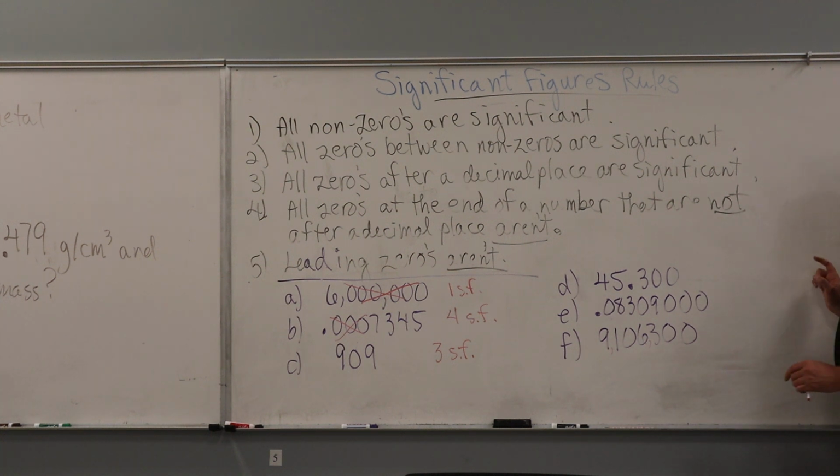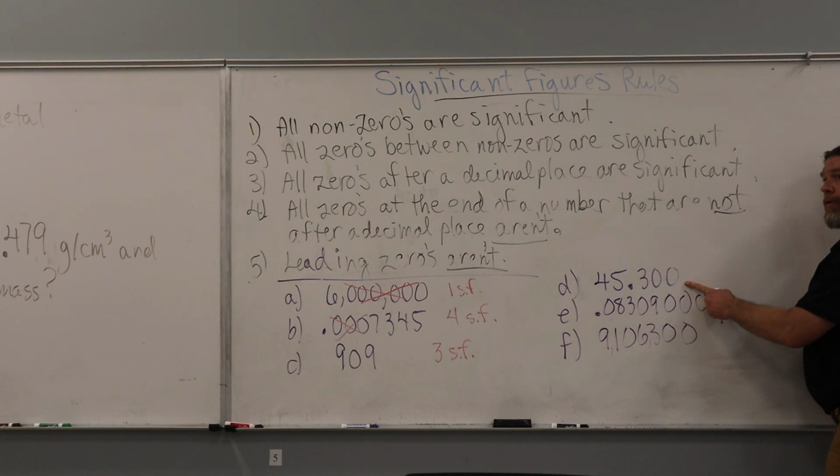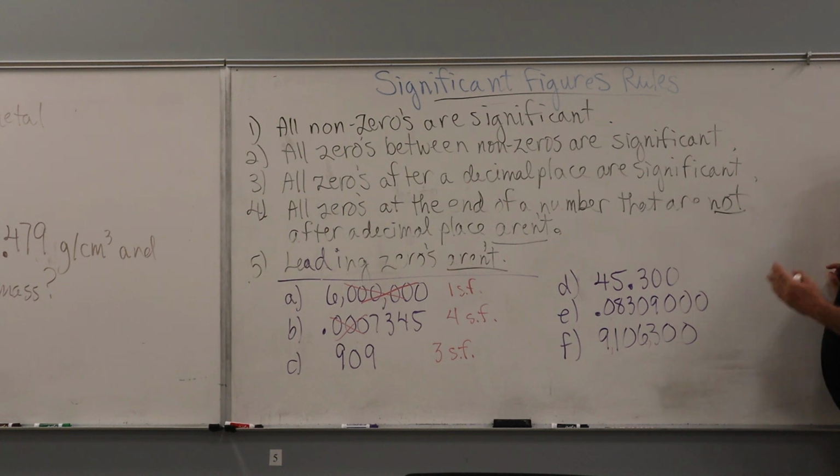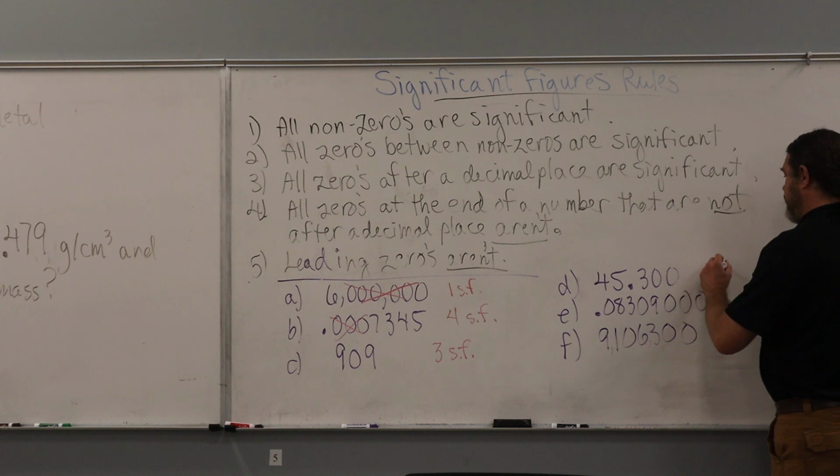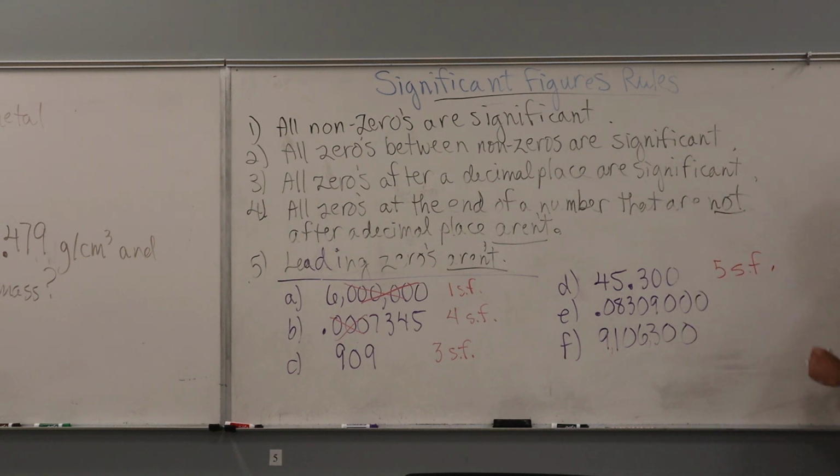If we are assuming that this is a truly measured volume, measured from real equipment, real observation, then yes, we can say that these are significant, and we have here 5 significant figures.